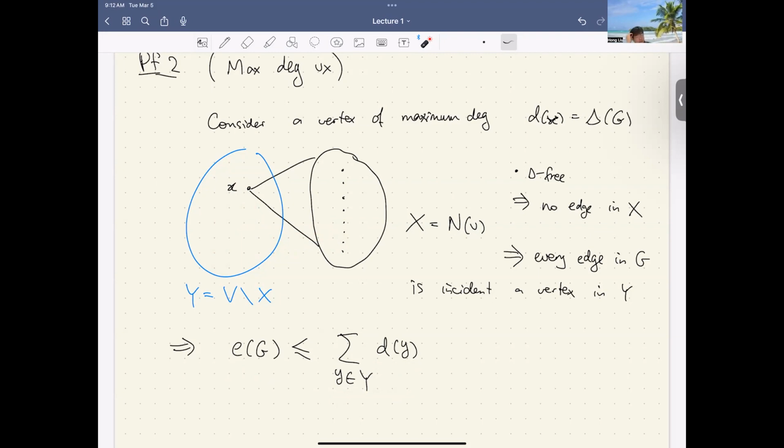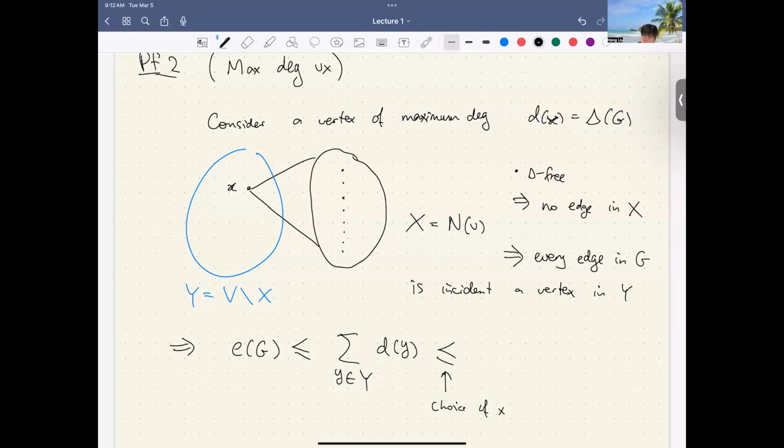What next? Remember our choice of x. Our choice of x is a vertex of maximum degree. Meaning what? All the other vertices, their degree is at most that of x. So we can upper bound this quantity by choice of x.